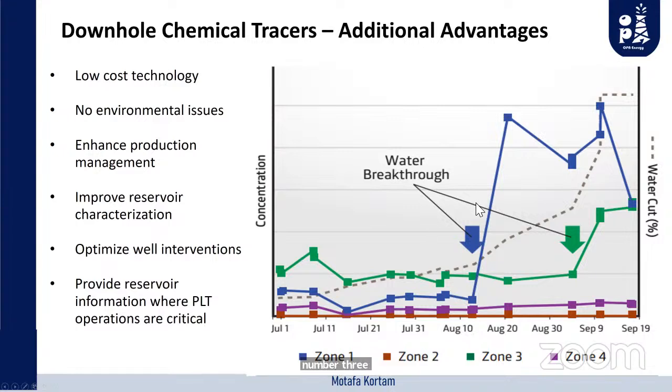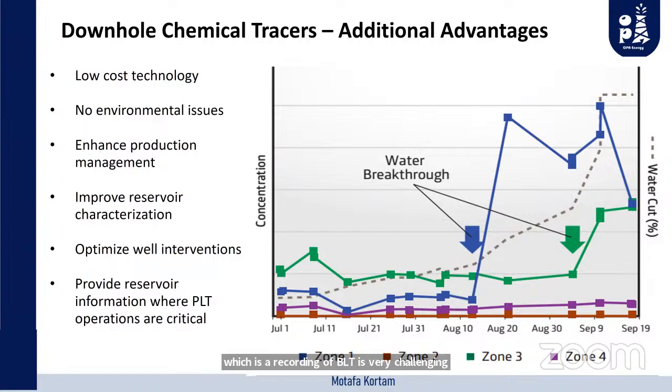So it's a very simple engineering sense. Zone number 4 and zone number 2 don't show any water production and are left as is. So it improves the reservoir characterization and enhances the production management. You don't need to interfere and record the PLT, especially if you have an artificial lift system, where recording a PLT is very challenging.